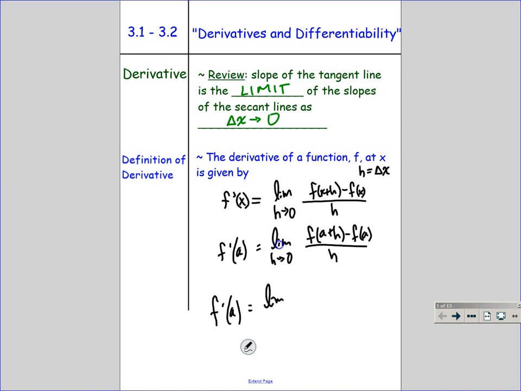The limit as x approaches a of f of x minus f of a all over x minus a. Because we need all of these to be 0 over 0 in order to have that impossible limit that we can still keep going and solve. I should say that impossible process of having the secant lines approach the tangent.